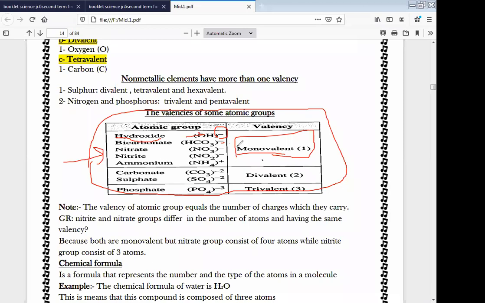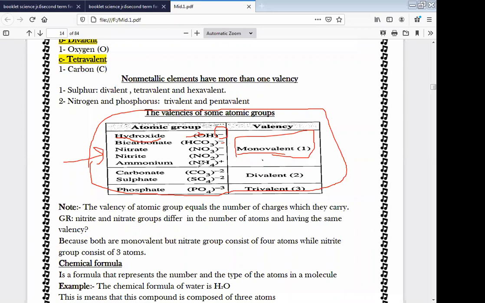The difference between nitrate and nitrite is one O: nitrate NO3, nitrite NO2. Ammonium, NH4 positive, monovalent. Whether negative or positive, -1 or +1, it's monovalent: gain or lose 1. So hydroxide, bicarbonate, nitrate, nitrite, ammonium are monovalent.